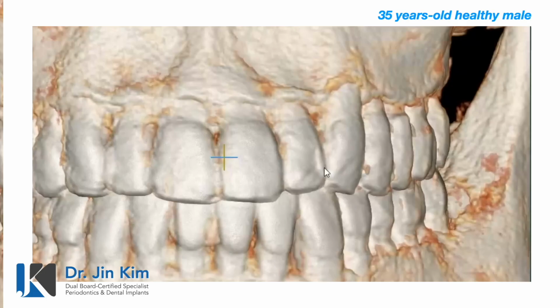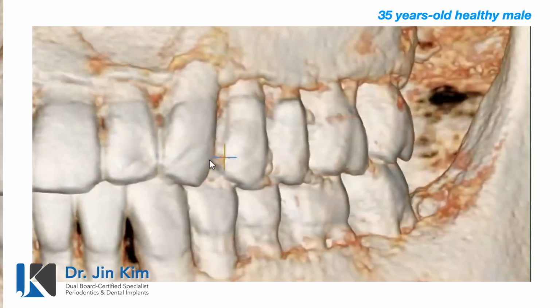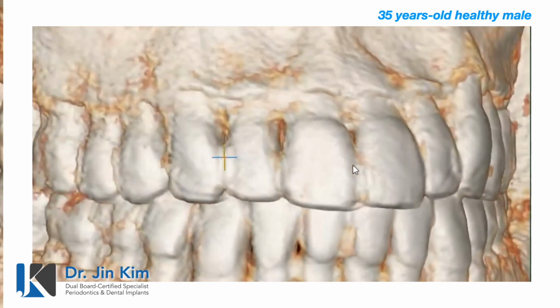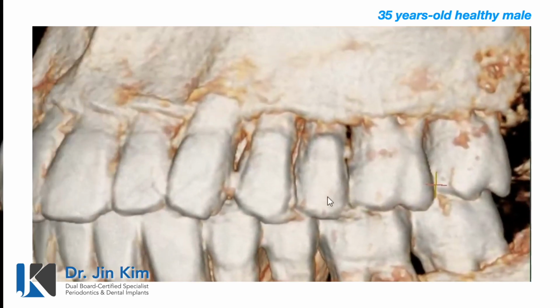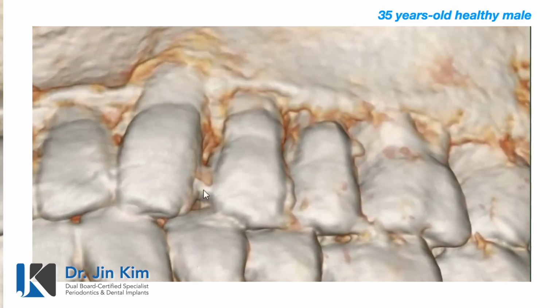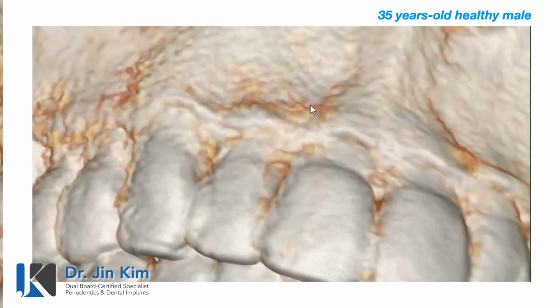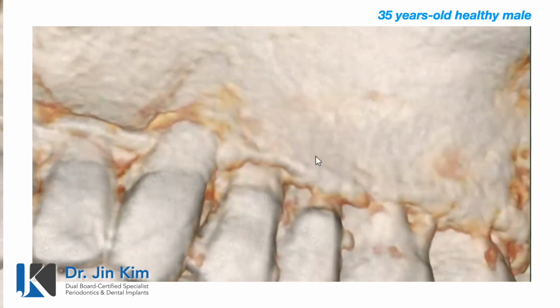But of course, remember what I said. When we look at the patient's CBCT, cone beam computed tomography radiograph, which takes away all the soft tissue and gives us the ability to look with X-ray vision, so to speak, compare the right and the left canine.